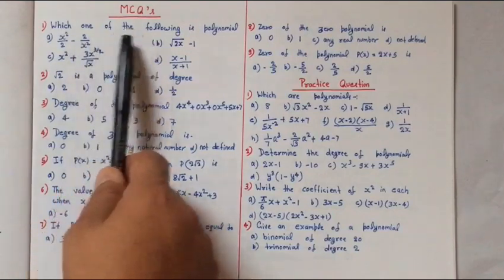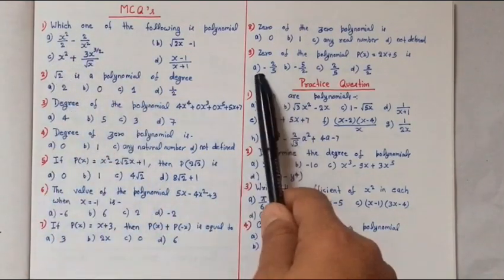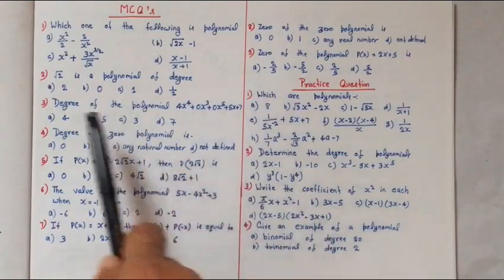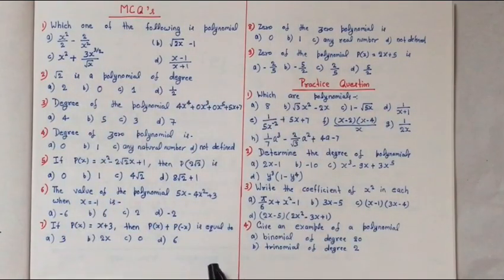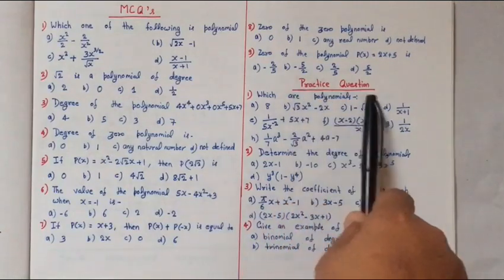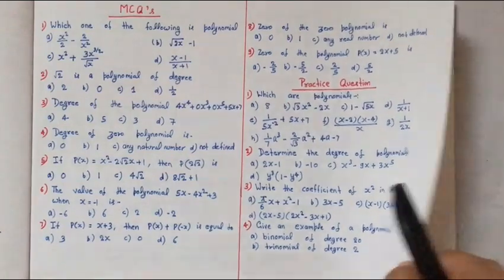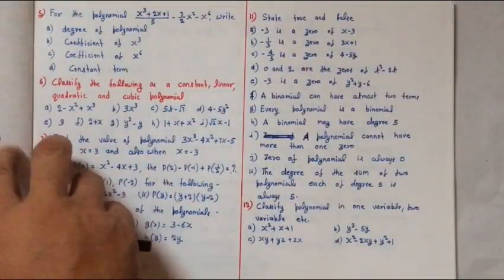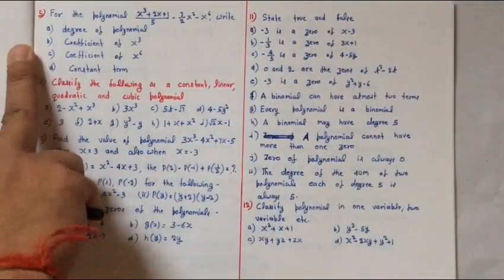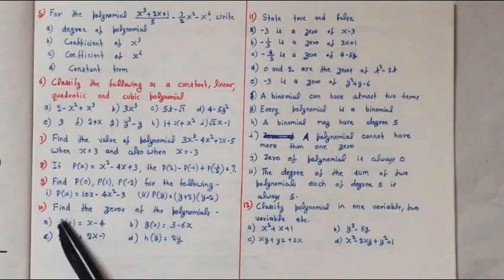Look here, overall 9 MCQ questions. You can take a screenshot of this page for your convenience. And here are the practice questions also, 1, 2, 3, 4 practice questions are these, and some more practice questions are also here. Look here, question number 5, 6, 7, 8, 9, 10.